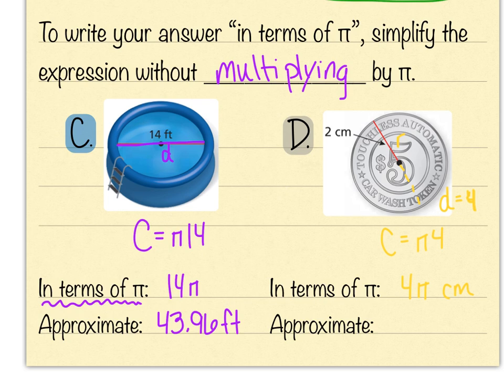If we multiply 4 by the approximate version of pi, 3.14, 4 times 3.14 gives us 12.56 centimeters. The approximate version of pi is more useful when you want an estimate of how long that distance is, whereas in terms of pi is useful if you just want the exact answer.